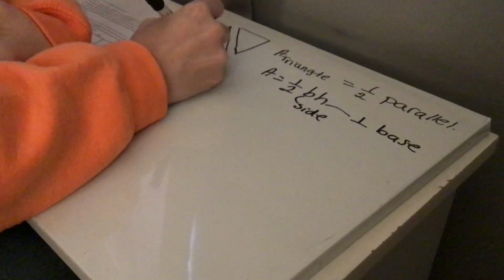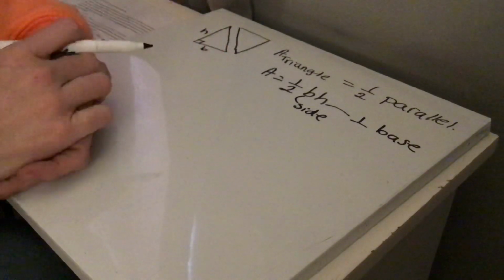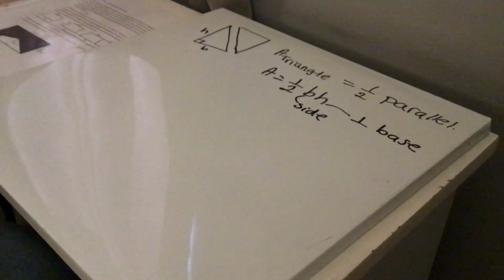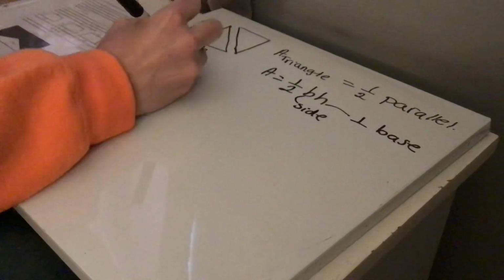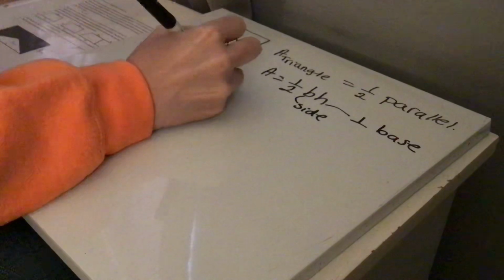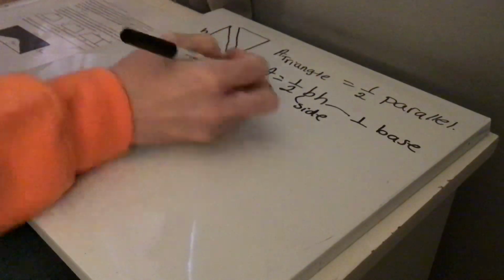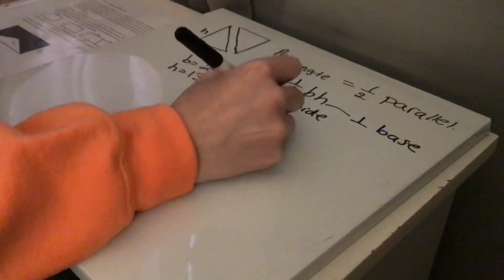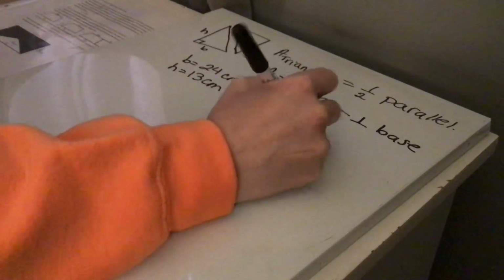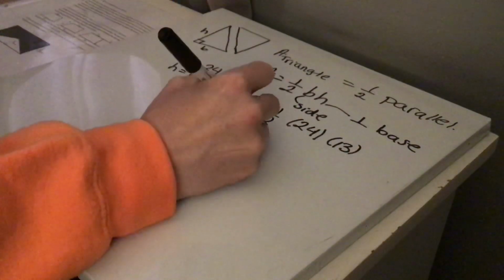So if this is my base and this is a right angle, this happens to be the height. The base and the height are perpendicular. So if you have a triangle with a base of 24 centimeters and a height of 13 centimeters, then the area of that is 1/2 the product of their base and their height.